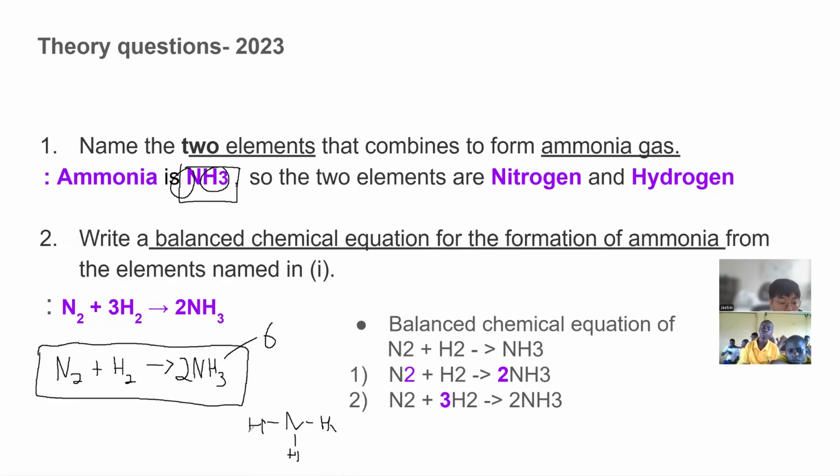Now, we said that the number of hydrogens on the left is two, right? How do we make it six? Two times three. So we need three hydrogen gases. We add three in front, right?